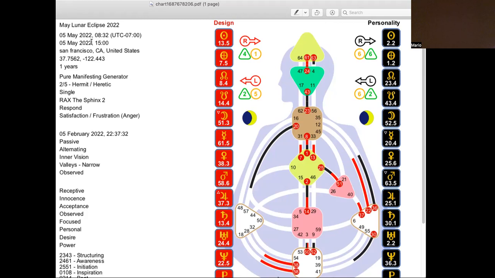And the birth of the design column, the design part of the chart 3 months before, this red column here, is going to be February 5th, 2022. And so these are the two birth charts that represent these two columns here. Genetic matrix being the most detailed chart we have of human design presently.